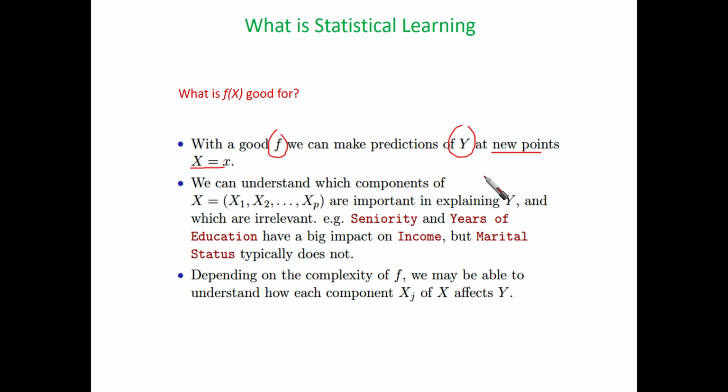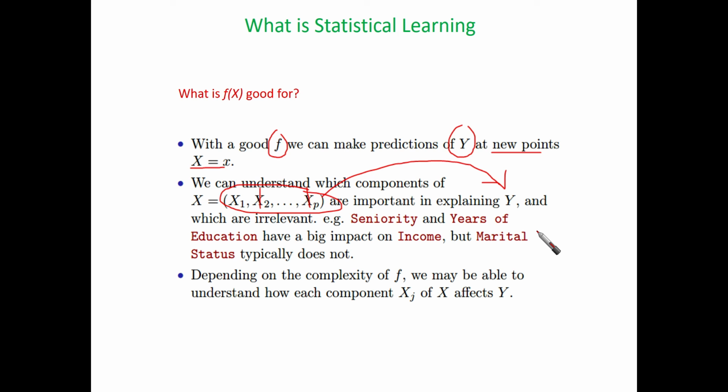We can also understand which components are more important in explaining y. For example, x is x1, x2, up to xp, there might be p predictors, and we can see which features have more important influence on y. Which one is relevant, which one is not relevant.